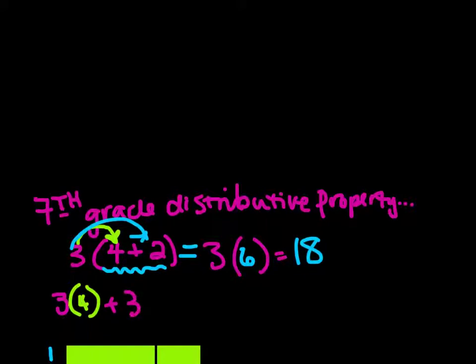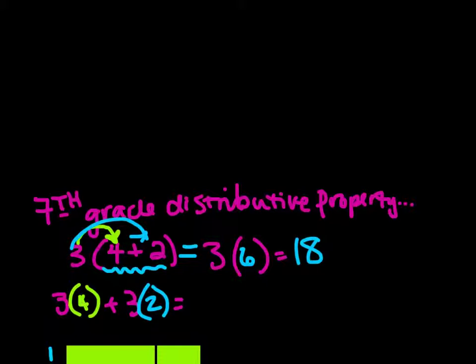and I will get the exact same answer, because when you multiply something, you're multiplying each term individually, or you add the terms together and then you multiply. Either one, multiplication and addition, will always end up with the same answer.